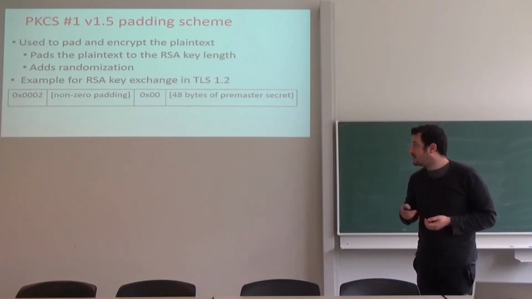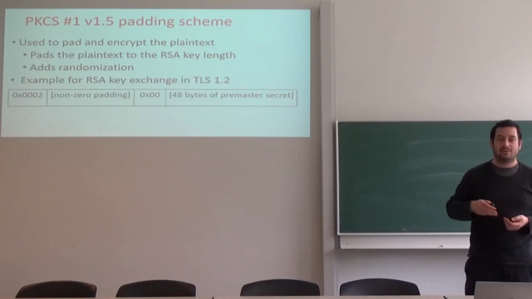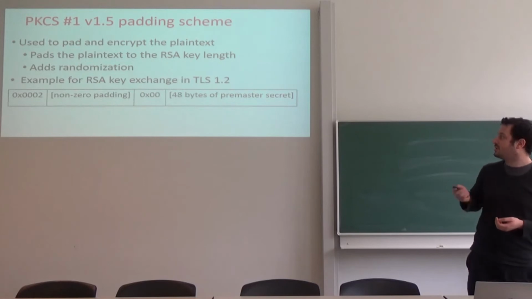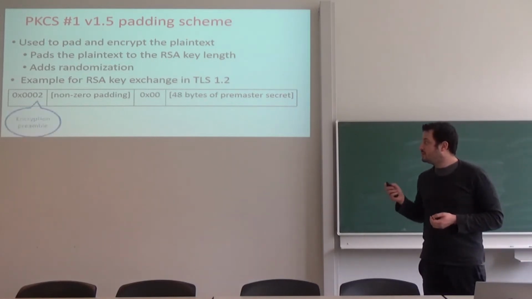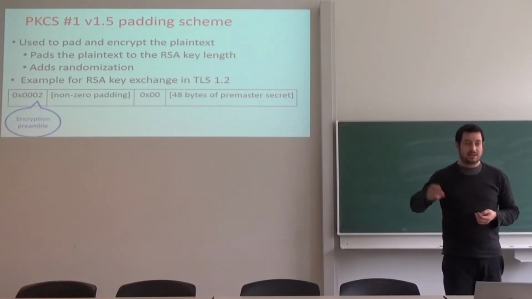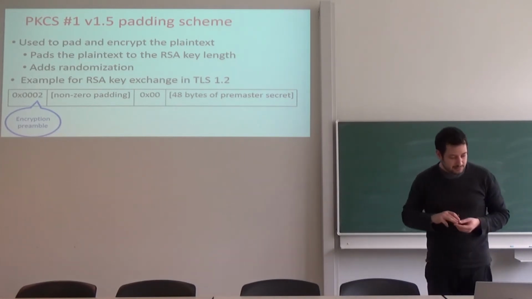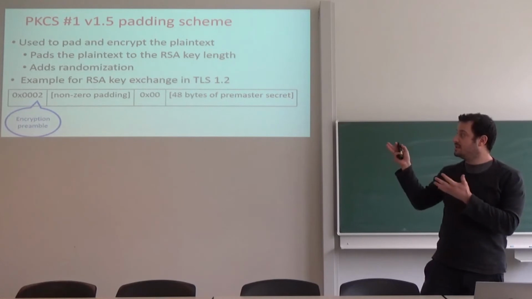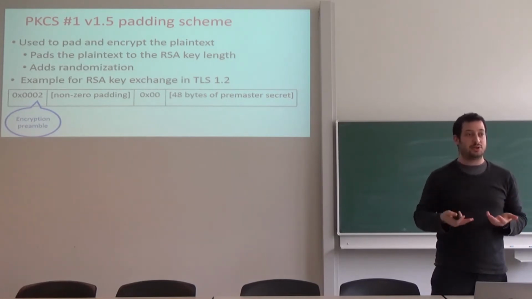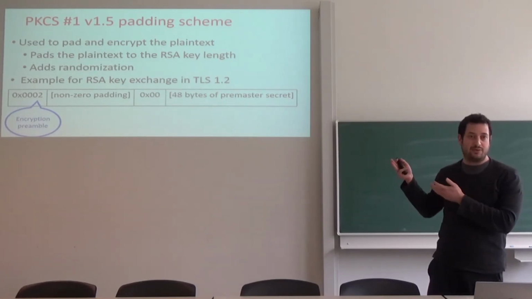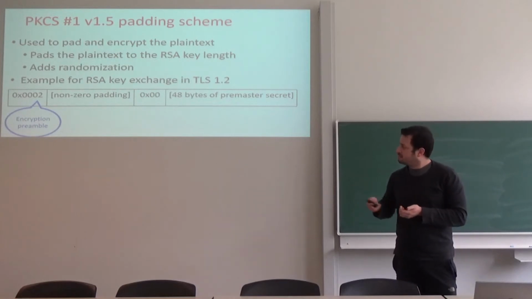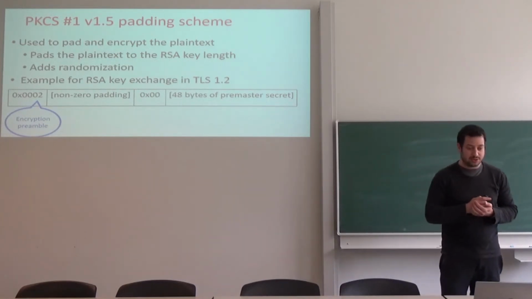So let's see this example for how it is used for RSA key exchange in TLS 1.2. The first thing that we have is what is called the encryption preamble. This is 2 bytes that just tell anyone that sees it that this was something used for encryption. There is a different preamble for signatures and probably some others for different usages.